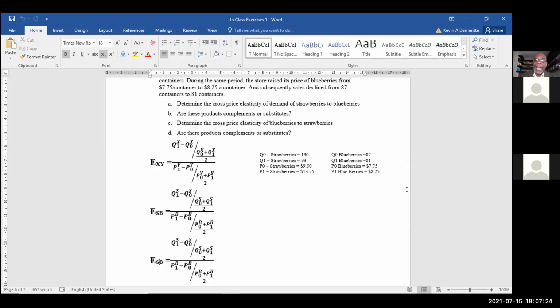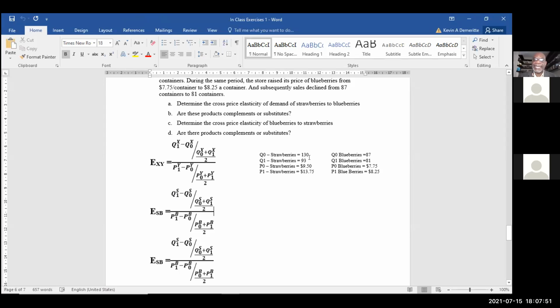Boy, plug and chug. I can't give you more than one of these in a homework or even an exam because they take a lot of time. Okay, walk me through now. Here I'm plugging and chugging: cross-price elasticity of strawberries to blueberries.